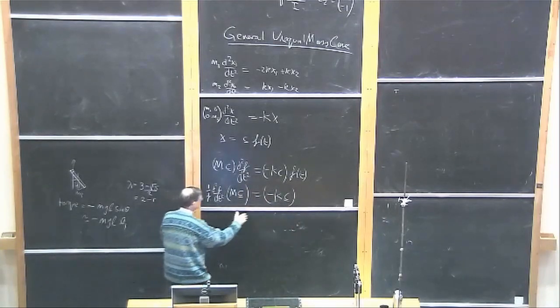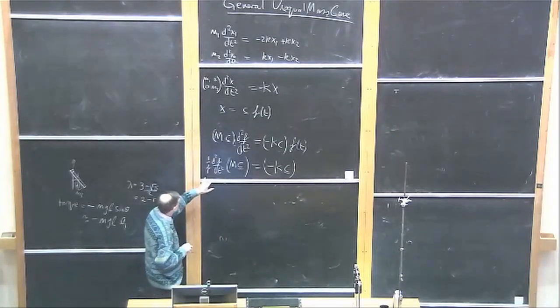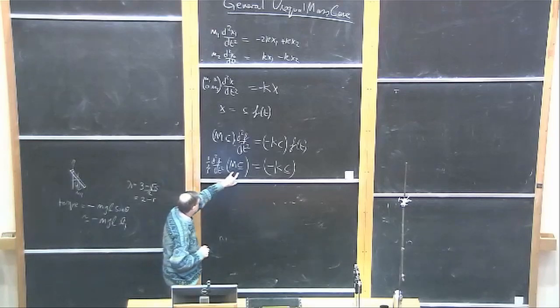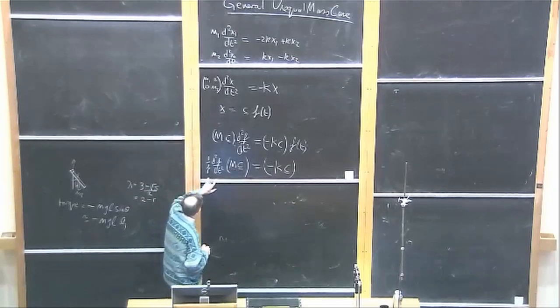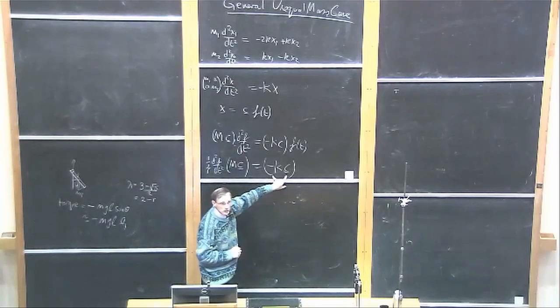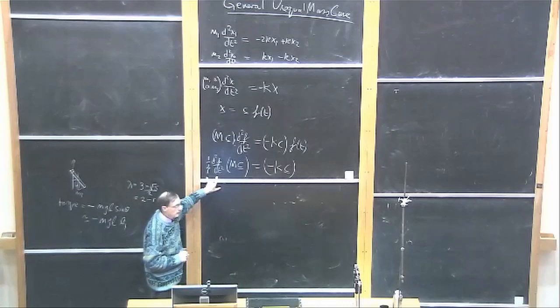Now this is subtly different from the equation we had before, because the m was factored into this before, but now the m forms part of this matrix product. It's still the case that this side of the equation does not depend on time, and therefore this side cannot depend on time, so this quantity must be a constant.